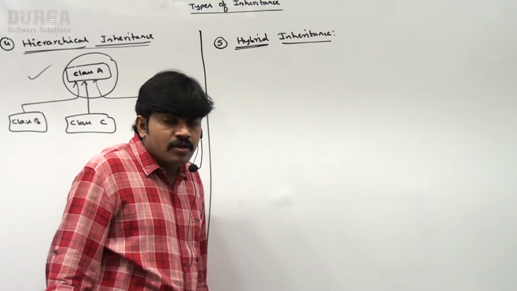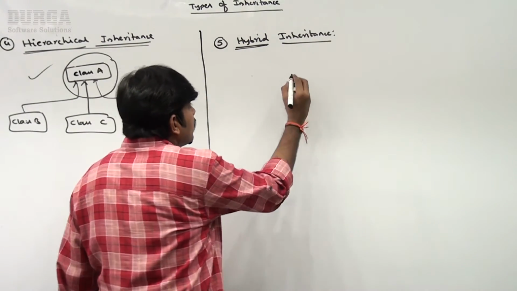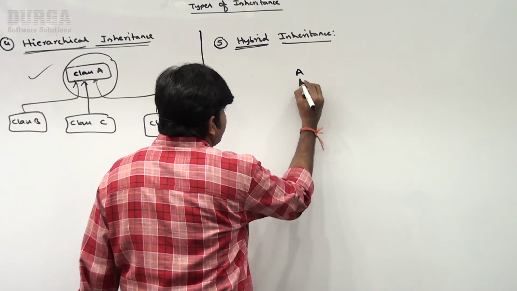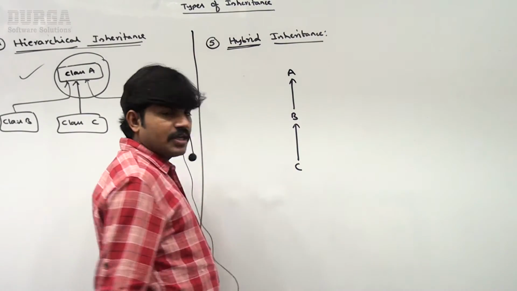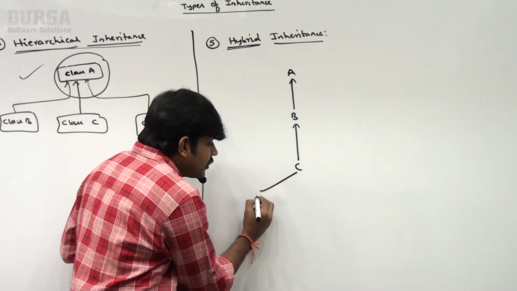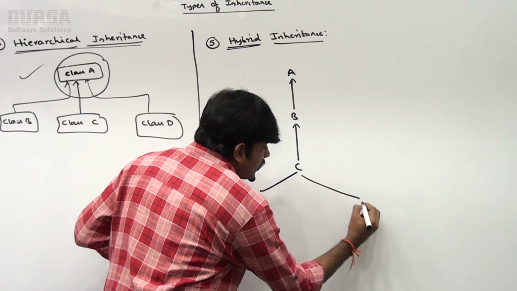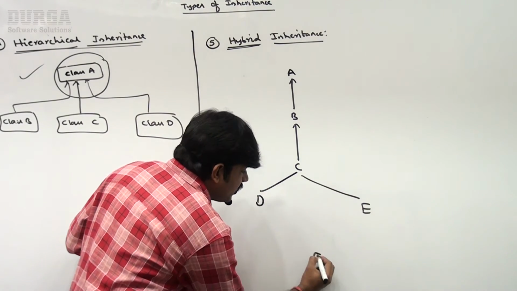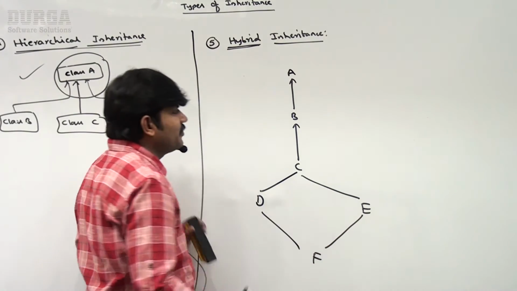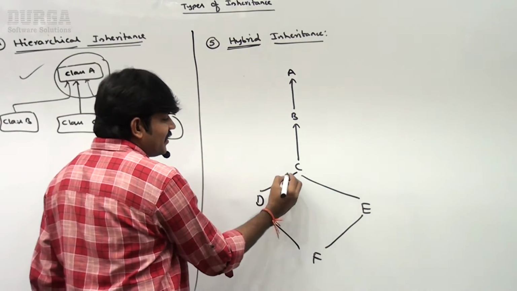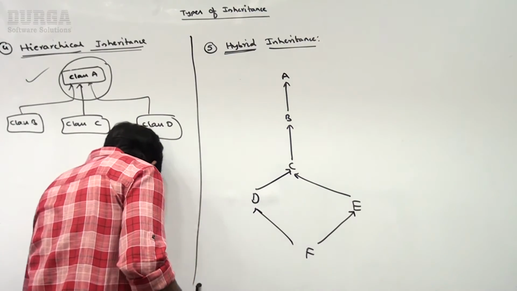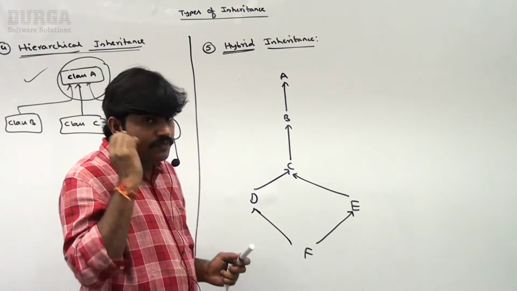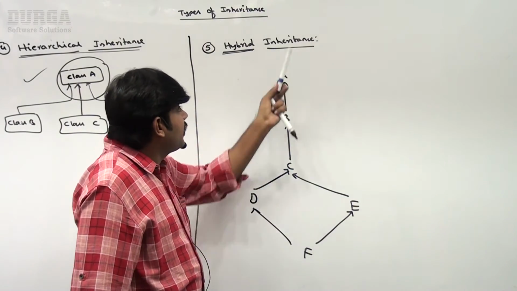Best example: observe very carefully. I am taking A, B, C, next D, next E, and F. This is the hierarchy, and this itself is an example of hybrid inheritance.